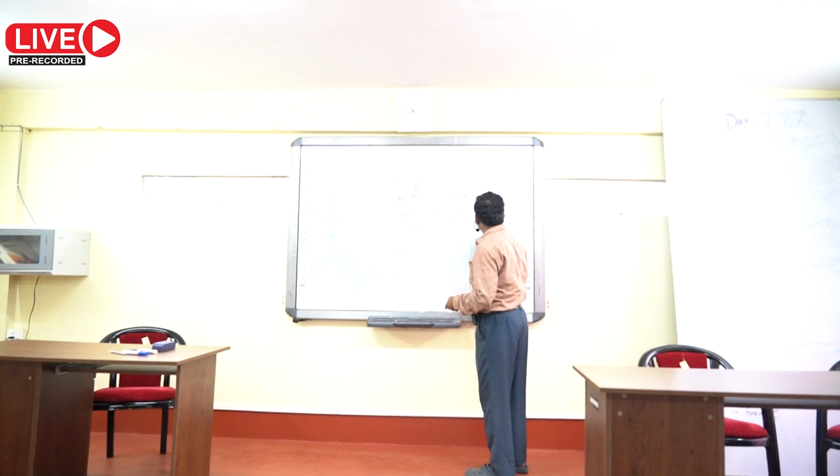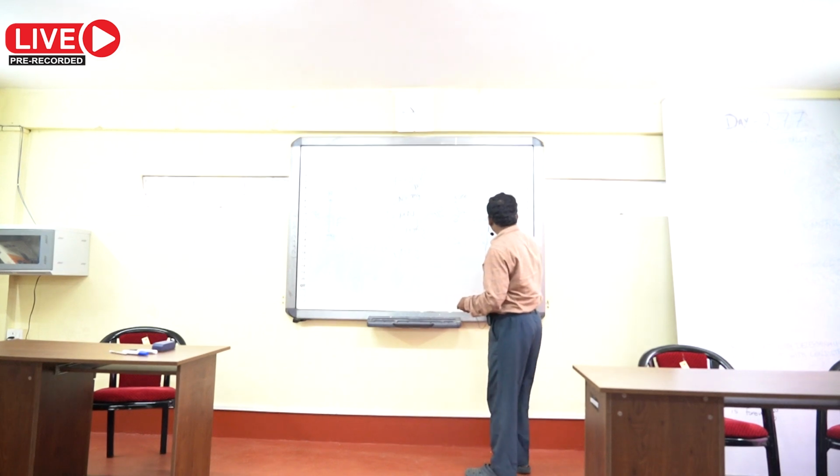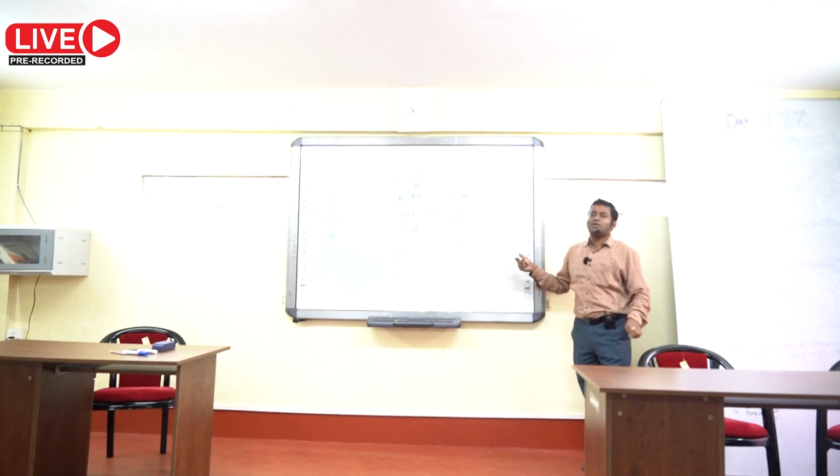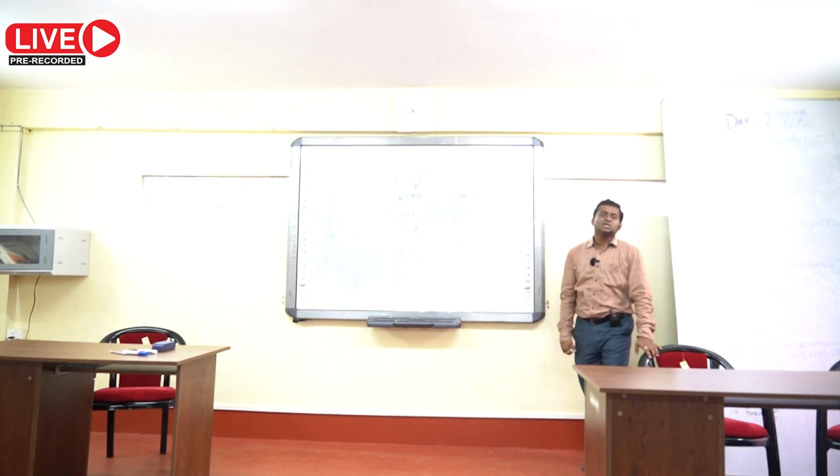Divide these two, you will get v square by rg equal to tan theta. So from that, if you know v, r and g, you can find the angle at which the man has to tilt his cycle.